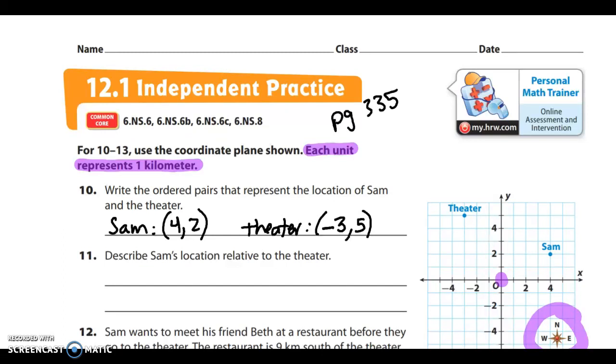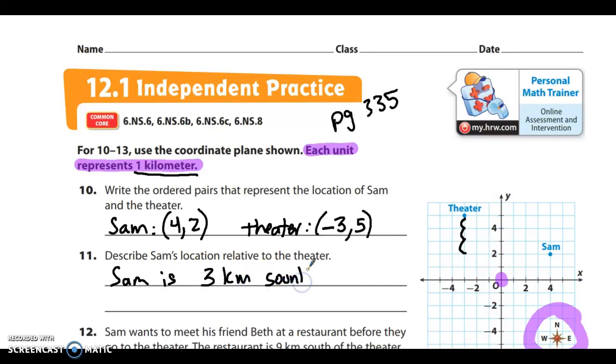All right, where is Sam compared to the theater? Well, Sam is lower down on the graph than the theater, so Sam is to the south. How far is Sam to the south? We're going to count 1, 2, 3 spaces down. That means 3 kilometers. So Sam is 3 kilometers south.